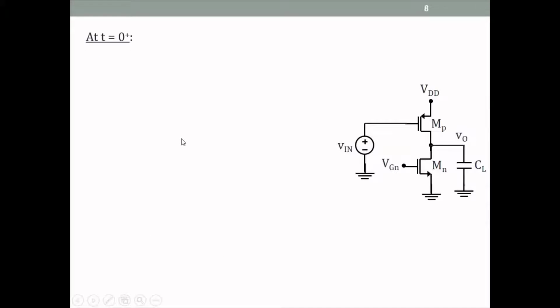Let's think about the circuit at t equal to 0 plus to answer that question. What happens at t equal to 0 plus? The input voltage has become 2.6 volts as we just saw. The output voltage is still 1.5 volts because the capacitor voltage will not change instantaneously. Then what about the currents?